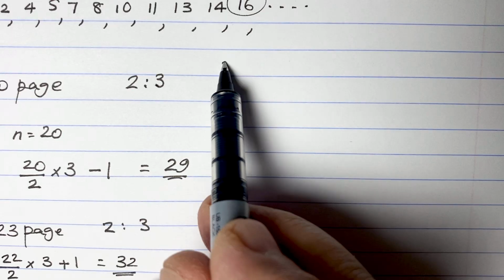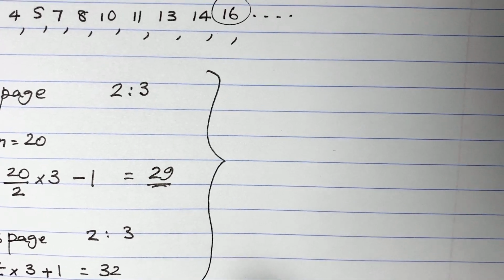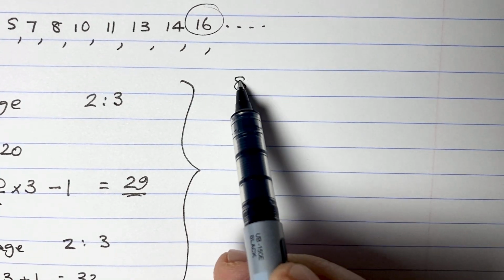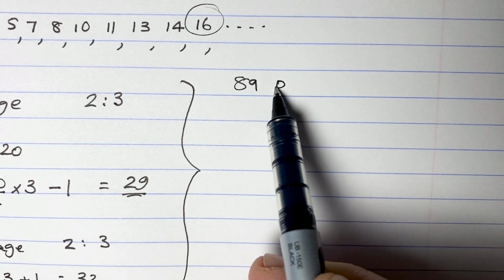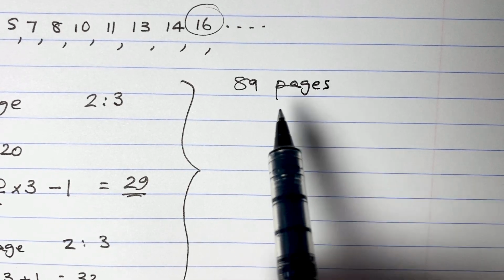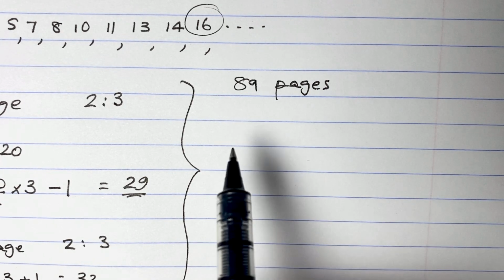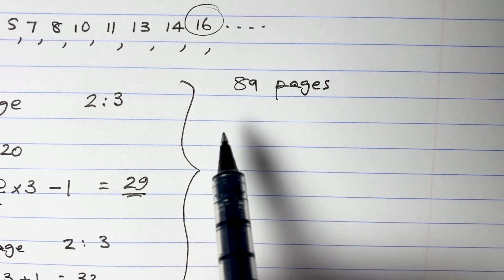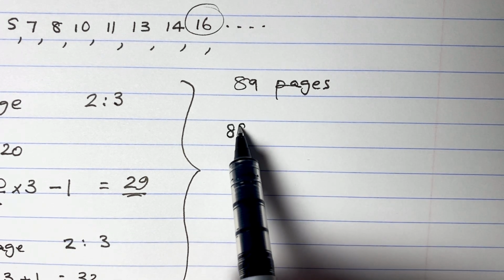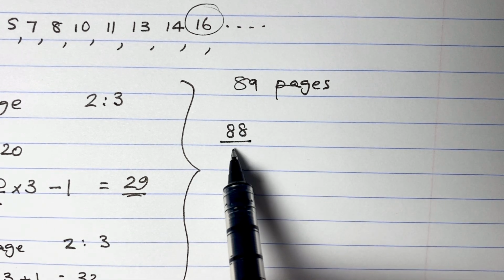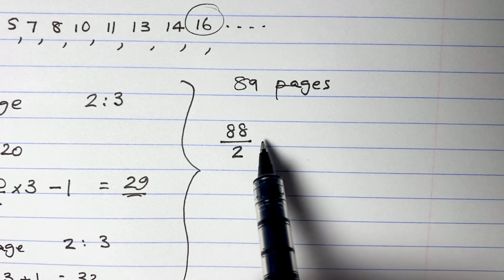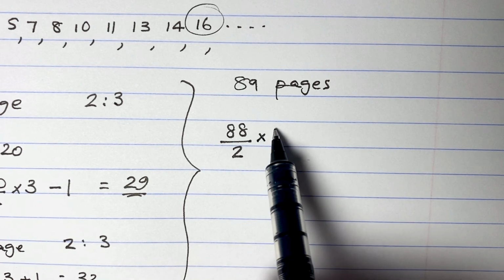So, go back to the question. We have 89 pages. It's an odd number. The previous even number would be 88. Divide by 2, 44. Times that by 3.